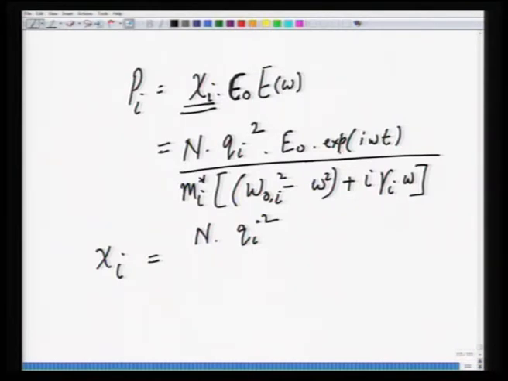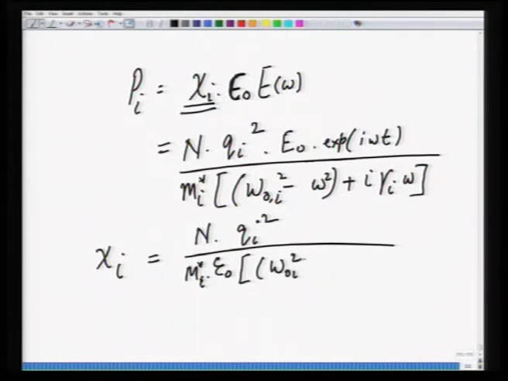So, these two will cancel each other. So, what you will have is n q I square divided by m I star into epsilon naught into omega naught I square minus omega square plus I gamma I omega.